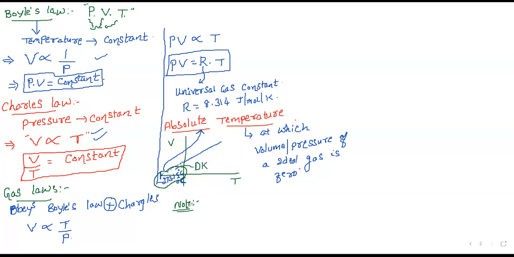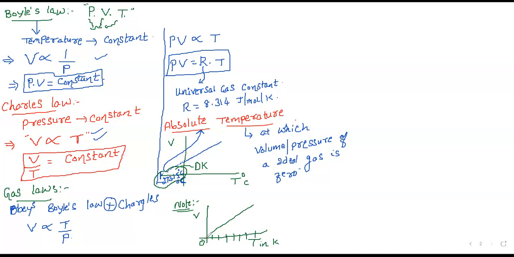So he designed another scale. This one is measured in degrees Celsius, right? Now he designed one in Kelvin, which starts from 0. So 0 Kelvin, 1 Kelvin, 2 Kelvin, 3 Kelvin, 4 Kelvin, 5 Kelvin, 6 Kelvin, 7 Kelvin, like that.